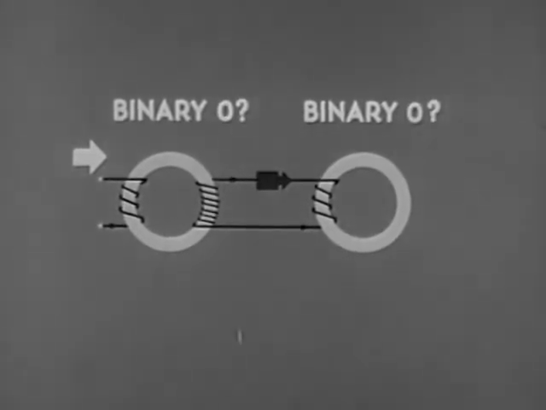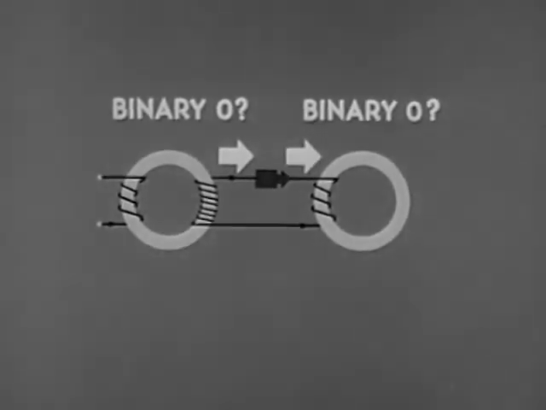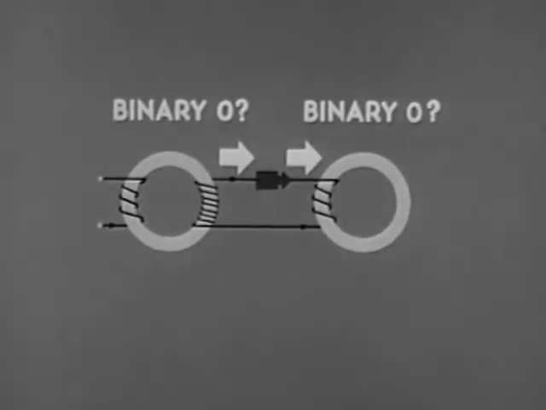How can we switch either core to 0? We've said that current flows into the input of the first core on the non-dot side only, and this would be typical in a core circuit. The device will allow current to flow through it in its forward direction only, as we've set it up here. That means that current can flow into the non-dot side of the second core's input, but not into the dot side.